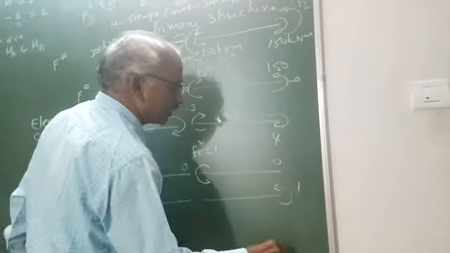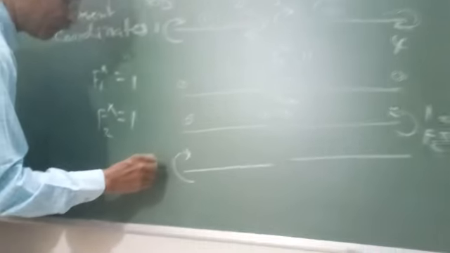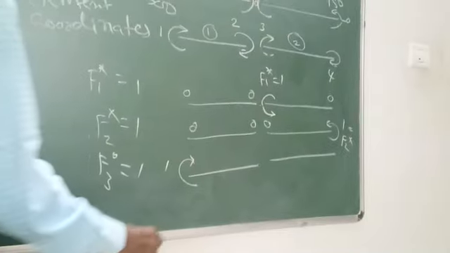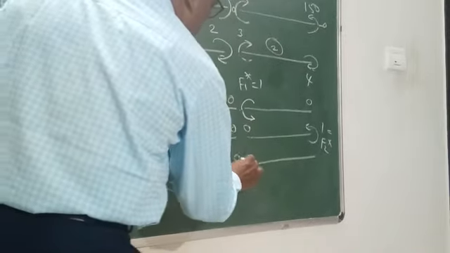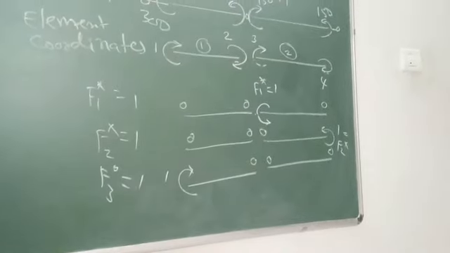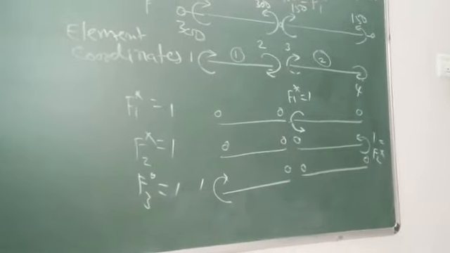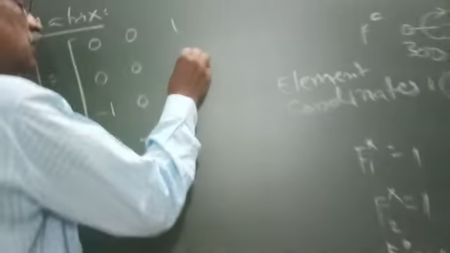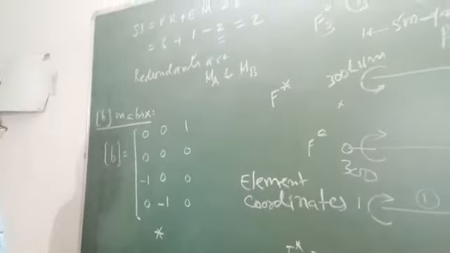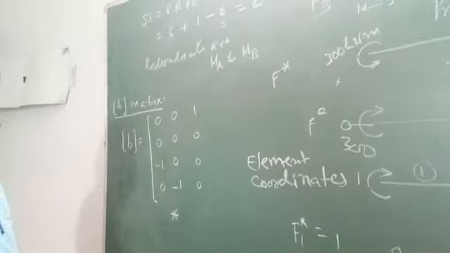As we have discussed earlier, this will become 0, and this will become 0, because B and C are hinges. So in the same order, 1, 0, 0, 0 is the third column of the B matrix, the transformation matrix.